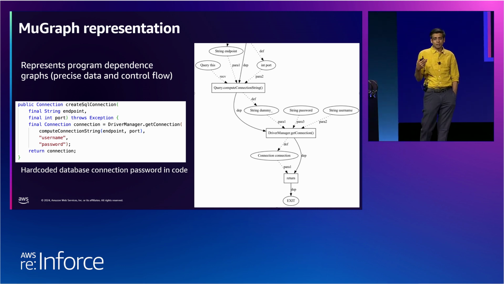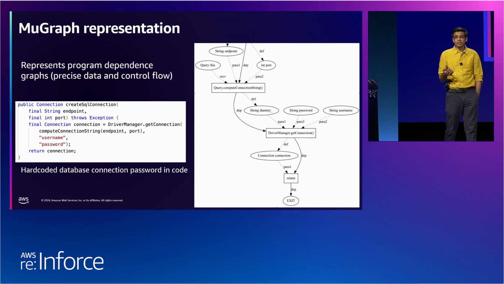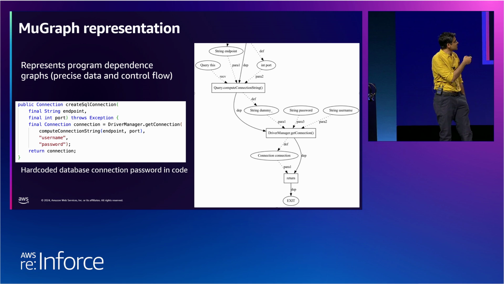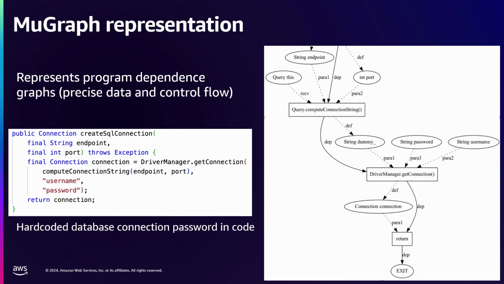If you want to look at the control flow in this graph, you can see the dependence edges that are connecting the compute connection string method at the top to the get connection API. And similarly, there is a dependence edge that connects the get connection API to the return statement. And these dependence edges are indicating that as the program executes, we'll first execute the compute connection string method, followed by an execution of the get connection API, followed by an execution of the return statement.